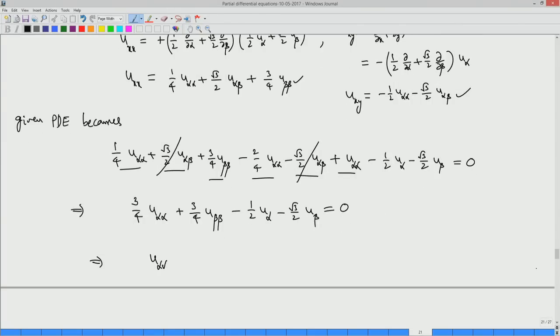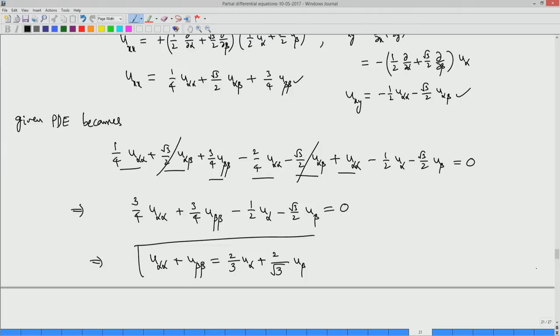So that is u alpha alpha plus u beta beta equal to, taking it to the other side, 4 by 3 into half, 2 by 3 u alpha plus 2 by root 3 into u beta.